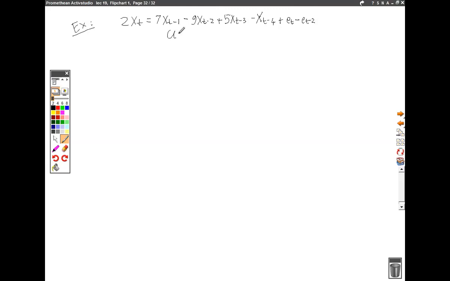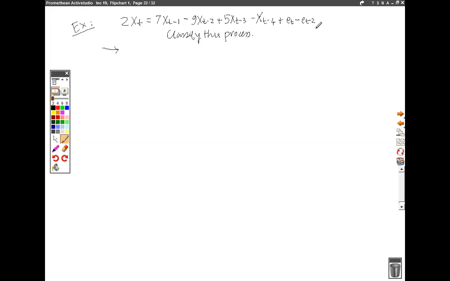And we are asked to classify this process. Would anyone want to guess what kind of a process this is? So remember the lags of X that we have are up until 4, and for MA we don't have -1 but we have -2. So if I ask you to classify this process for me, what would you say?